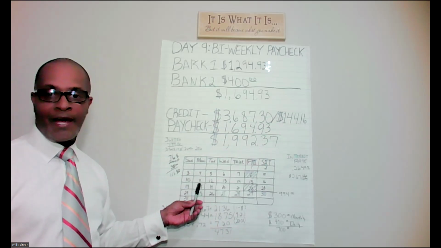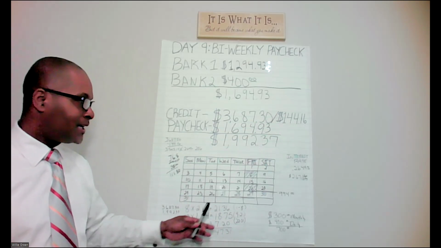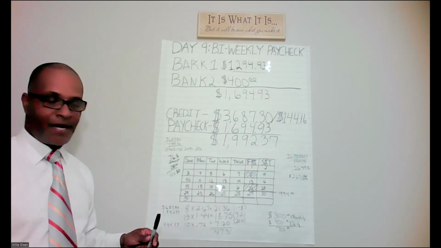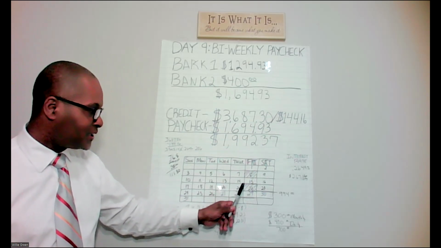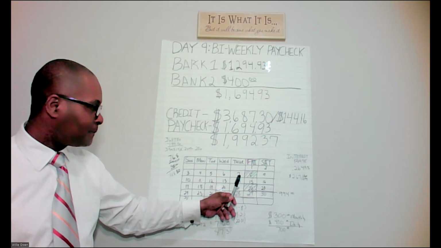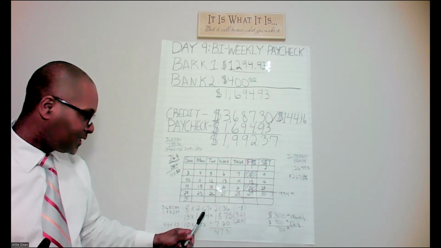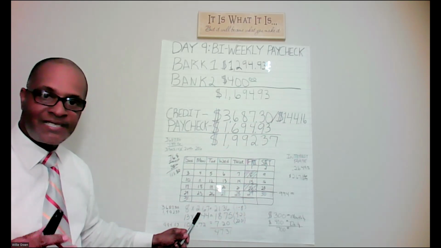Now here I have, and maybe you can't see it, a crude calendar that indicates the average daily balance. From the 1st of March until the 7th of March, before getting paid, the average daily balance dollar amount was $2.67.